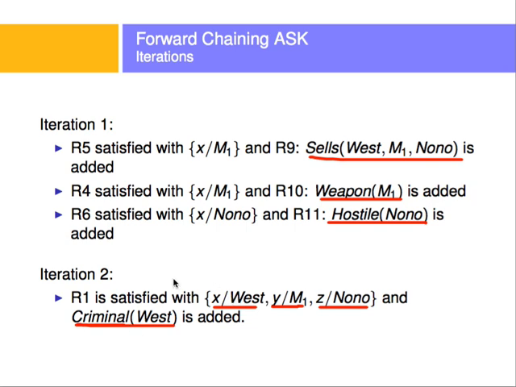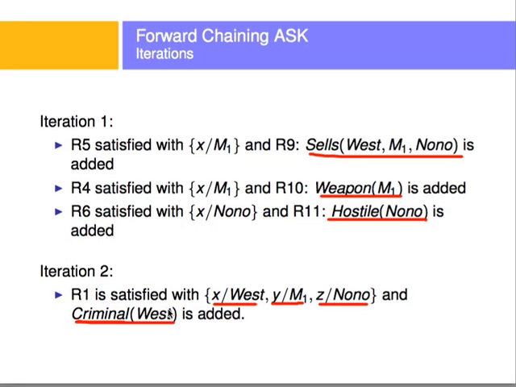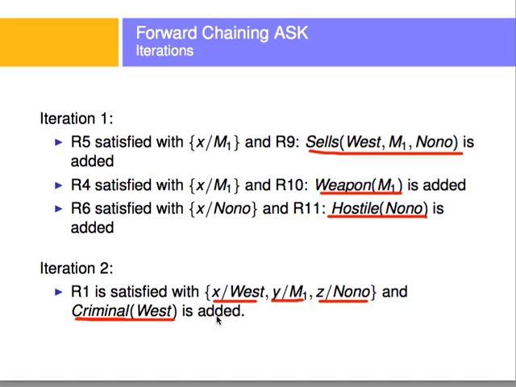We can use that substitution here. The substitution was x, y, z, and Criminal(x). So of this substitution that satisfies this part here, we will just use x because that's what this one uses. If it uses more, we'll use more. But then we've established that West is a criminal.